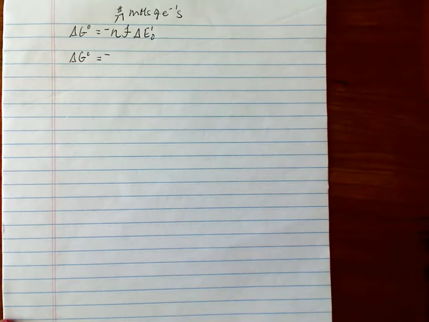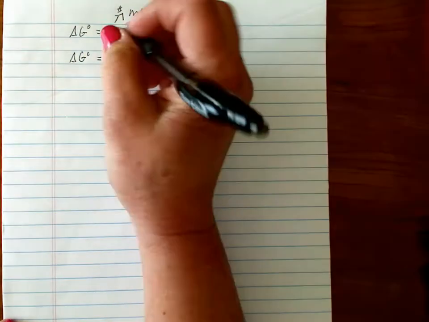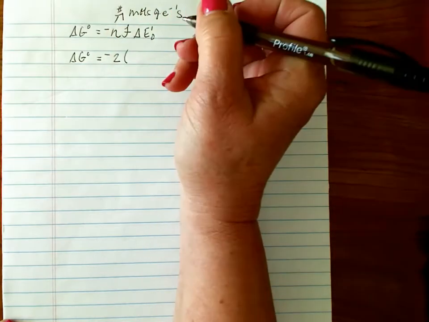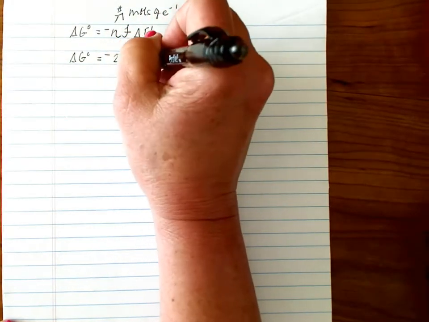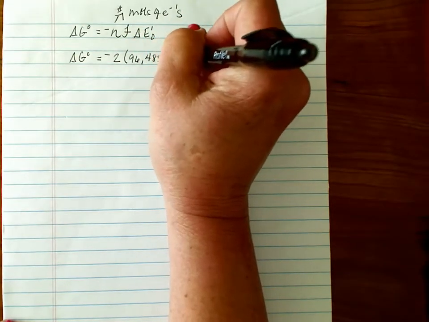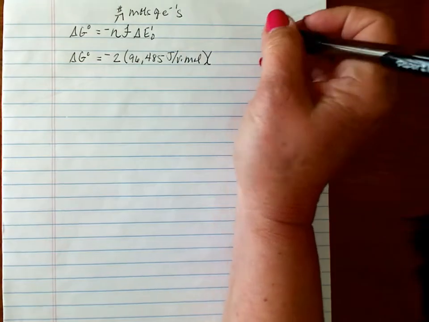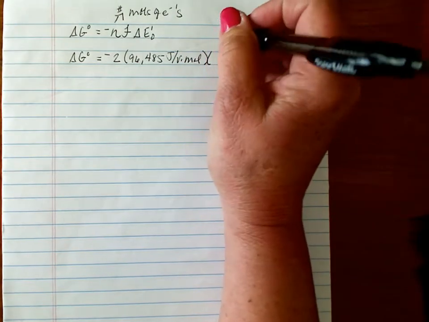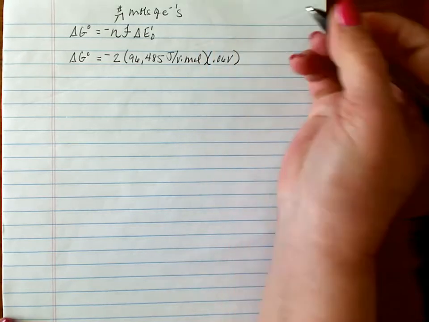So there were 2 moles of electrons that were transferred in this reaction. So there's that 2. The Faraday constant is 96,485 joules per volt mole. And our change in E of that reaction is 0.06 volts.